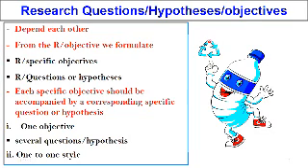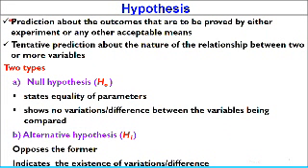From the title we construct the objective. From the objective we have the specific objective. From this specific objective we make the questions and the hypothesis. So they depend on each other. Nothing can come out of a vacuum. So it's important to refresh and remember what we said last time.